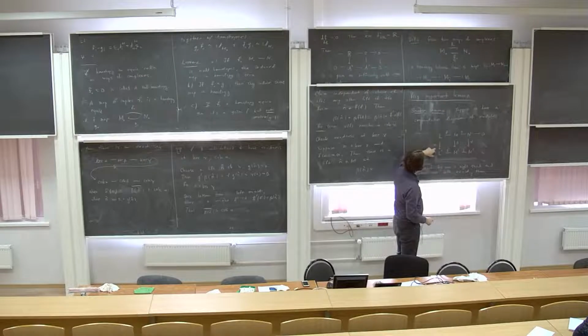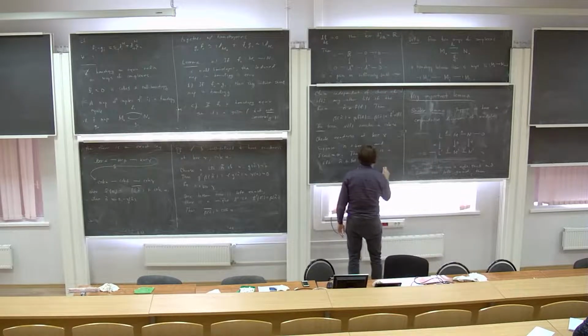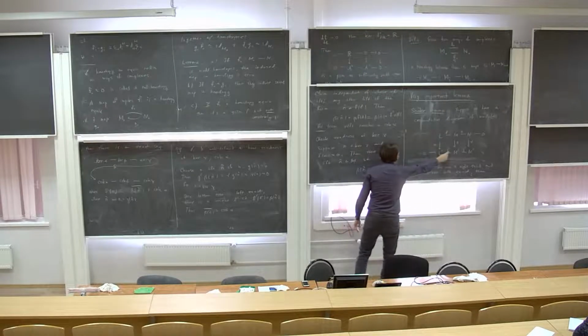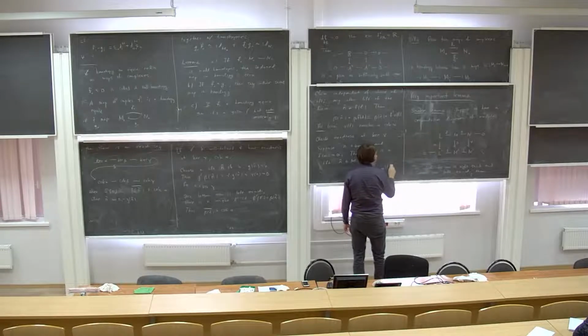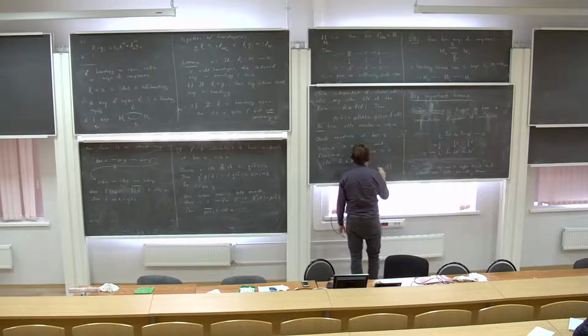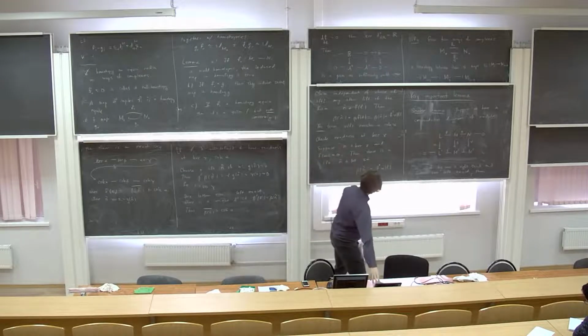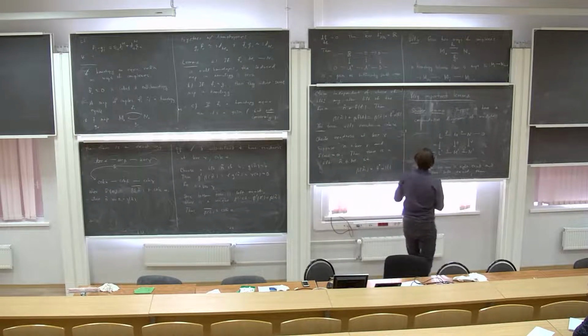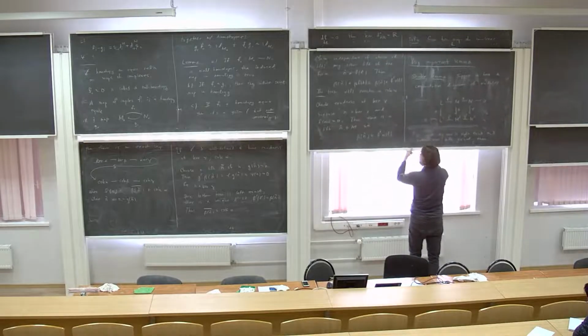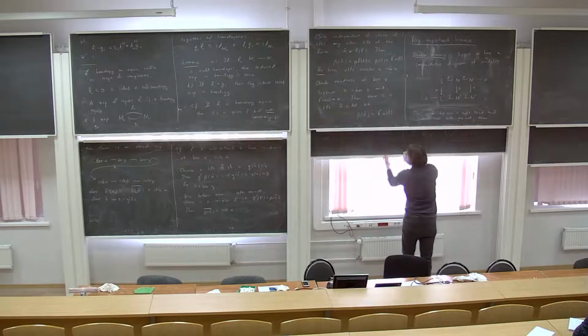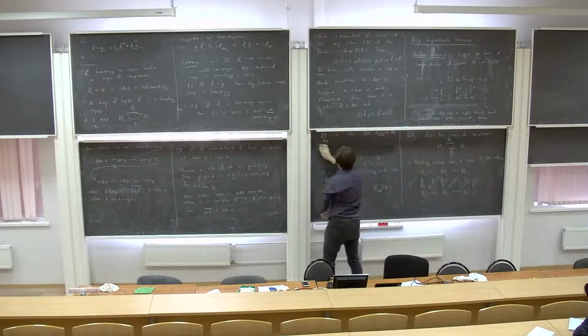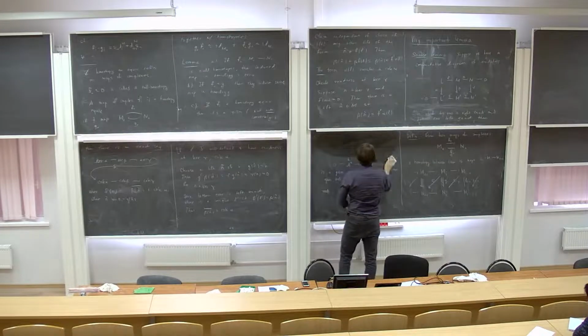It means that, up to applying this injection, it's in the image of f prime. So that's what it means for delta of n to be 0.